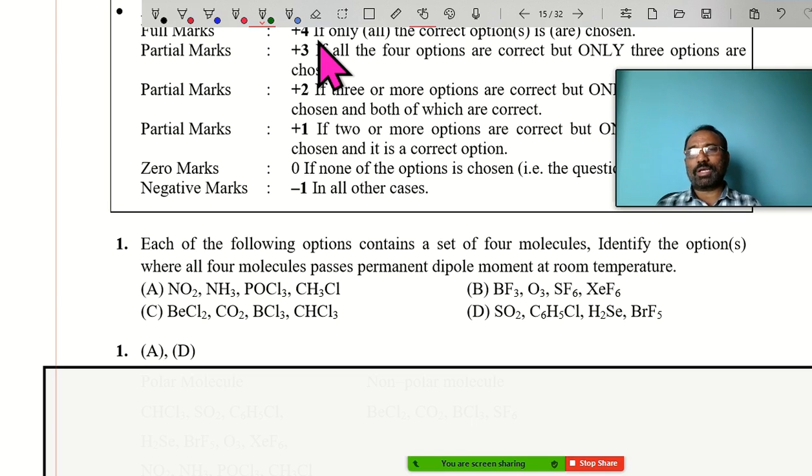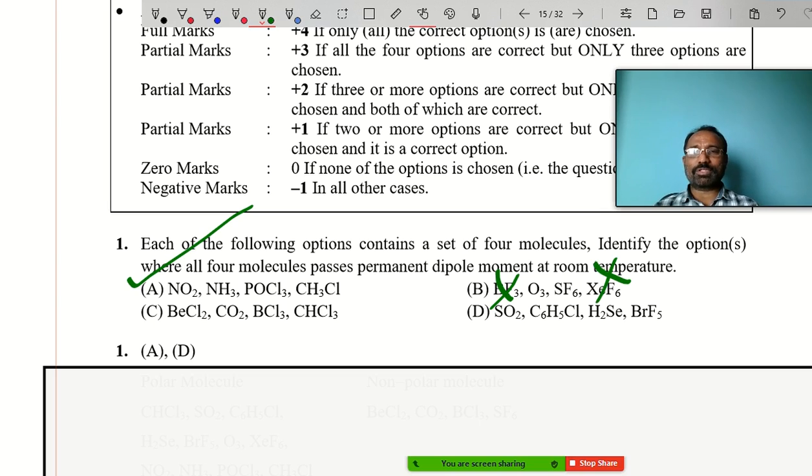In option A, NO2 is there, NH3 is there, POCl3 is there, CH3Cl is there. Here all are polar molecules and they show the dipole moment, therefore A is the right one. Next, BF3 is trigonal planar and symmetric, therefore it does not show the dipole moment, and the remaining molecules show the dipole moment, therefore this is a wrong statement.